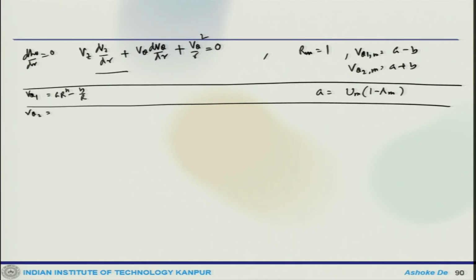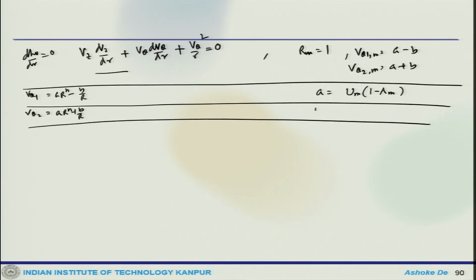If V theta 2 is A r to the power n plus B by r, then we get B equals Cp delta T naught s by 2U m, or now we can have different kinds of blading and different values of n.